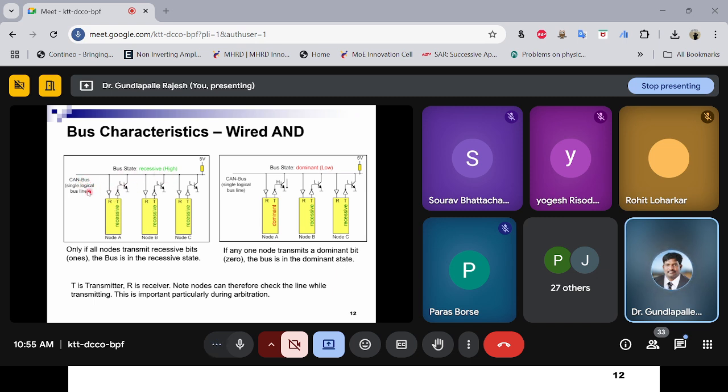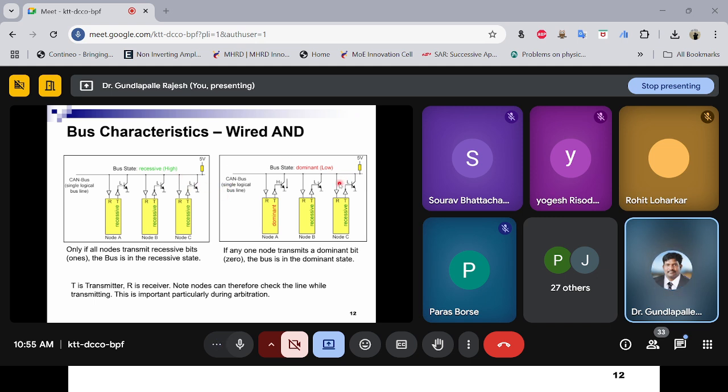The CAN bus is connected to a 5 volts DC, so this is acting as an active 1 to the transmitter. If you see the transistor, this will be low here. Low means your transistor is in the off condition, so your CAN bus will be in the recessive high state.